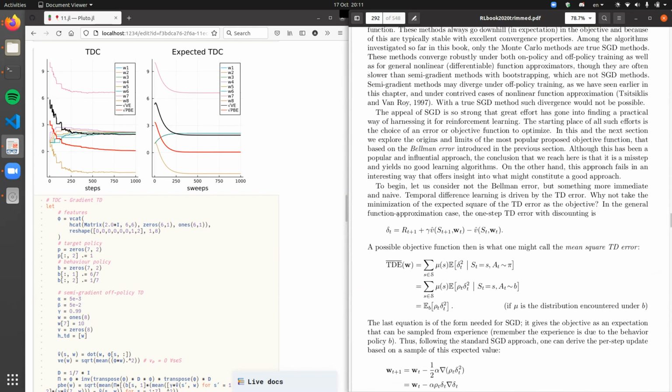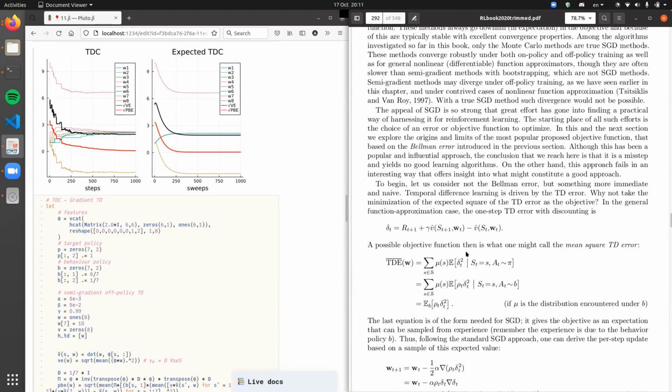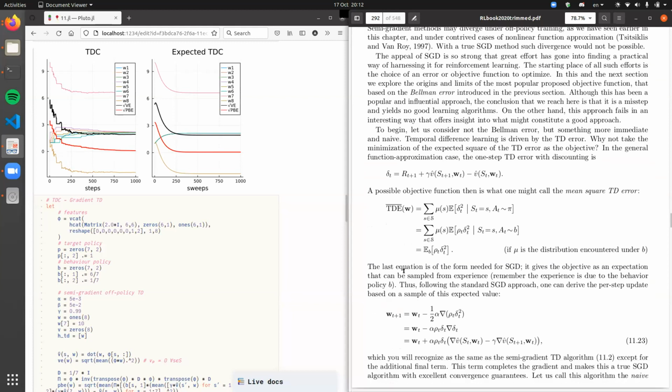Let's first have a look at what we would get if we try to derive our objective in a way that minimizes the average TD error. The previous objective, as you remember, wasn't exactly minimizing the gradient of any function.